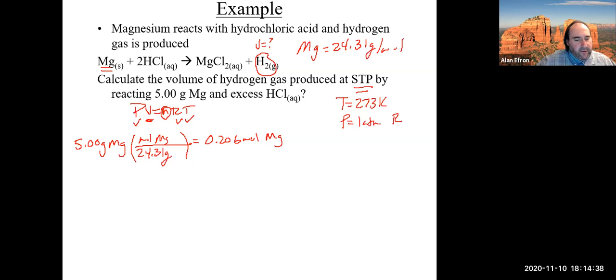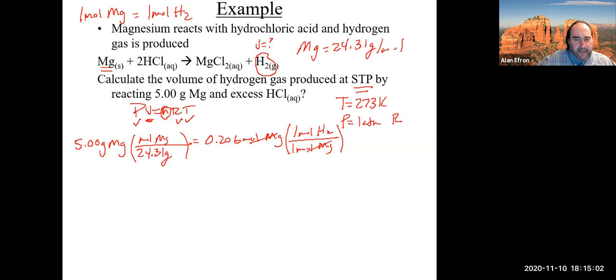That's close to what we want, but we want to get to our H2, and that's where the stoichiometry comes into play. So 1 mole of magnesium from the equation gives us 1 mole of H2. That means we can convert these moles of magnesium into moles of H2, which is what we're looking for.